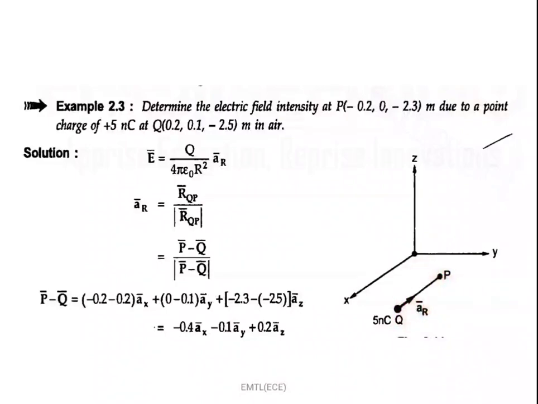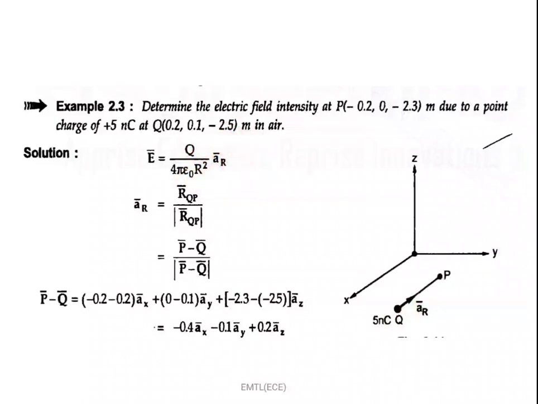That point charge value is 5 nanocoulombs. Whenever we find the electric field intensity at the point P, we need the values AR bar and R. R is the distance between the point charge and the point where we have to find the electric field intensity, and AR bar is along that direction. So we have to find the values of AR bar and R square.